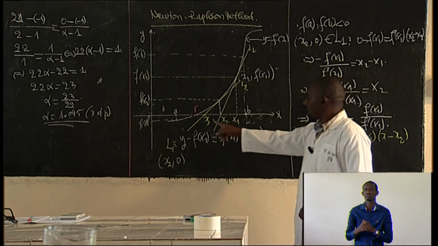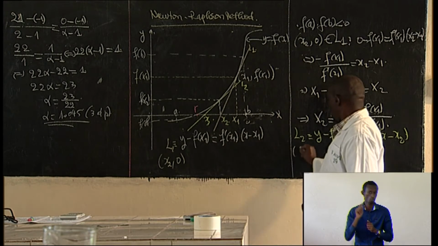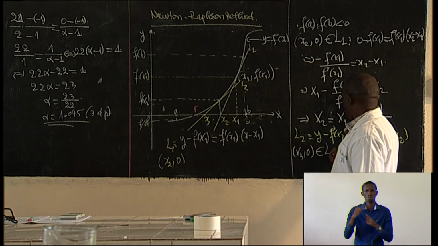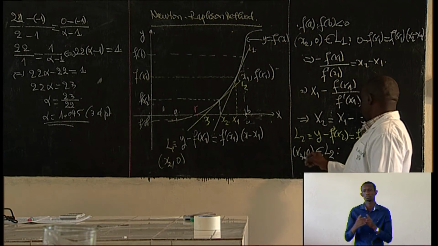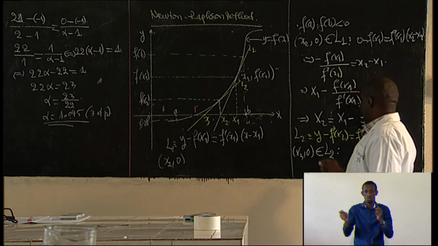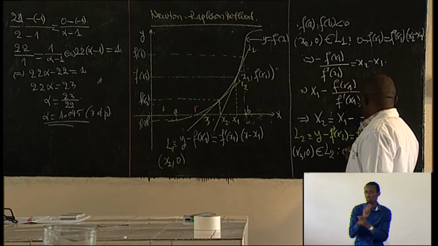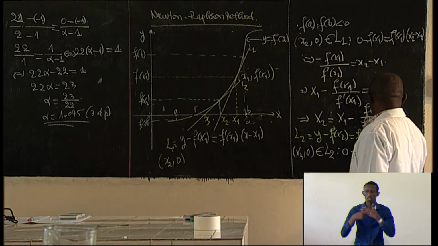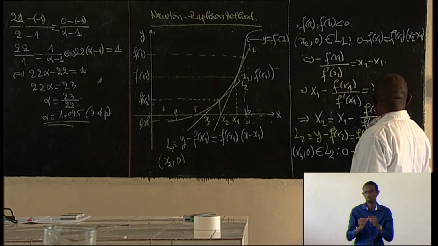And again, the point x3 and 0 lies on my tangent, isn't it? So replacing y by 0 and x by x3, I will get 0 minus f of x2, which is equal to f derivative of x2 times x3 minus x2.